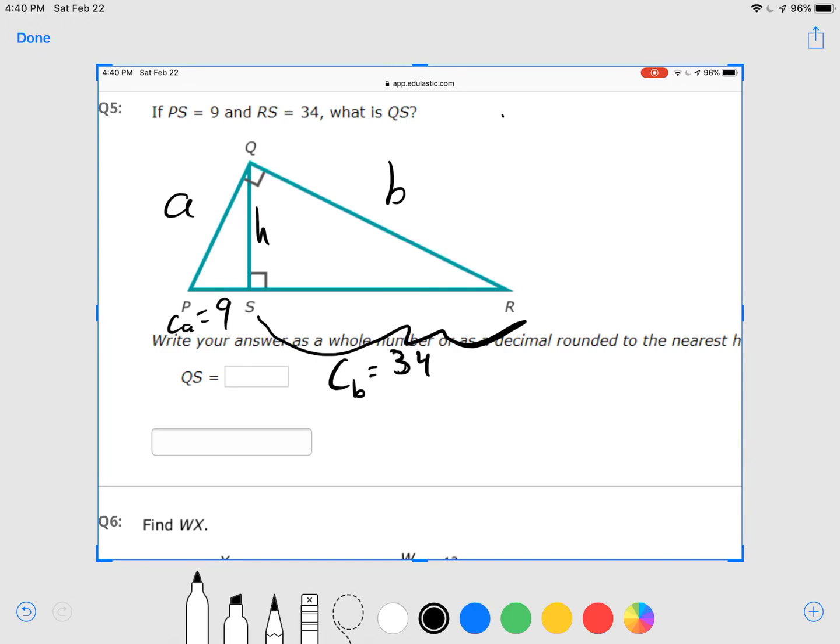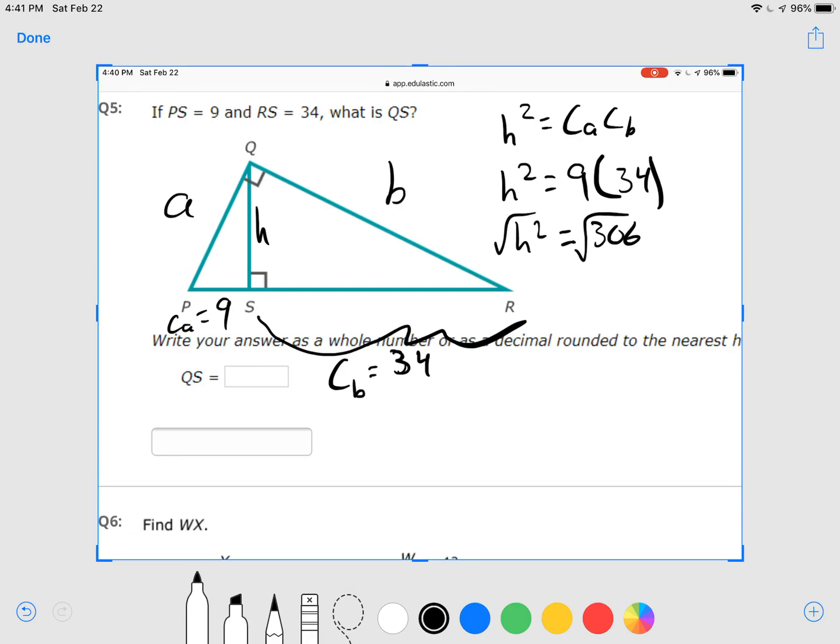So the equation we're going to use is the one that has a height. H squared is equal to CA times CB. H is unknown. CA is 9. CB is 34. 34 times 9 on the calculator is 306. And then we have to take the square root. Whoops. So H is equal to 17.49.